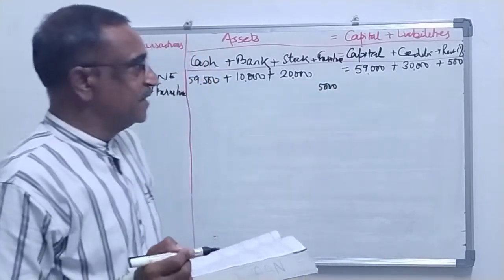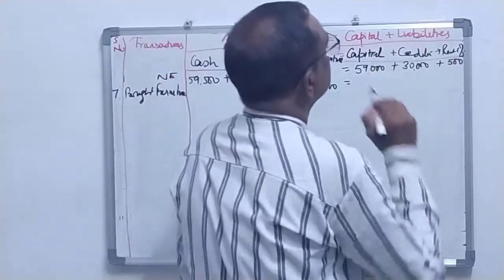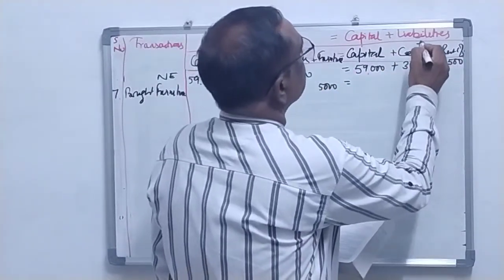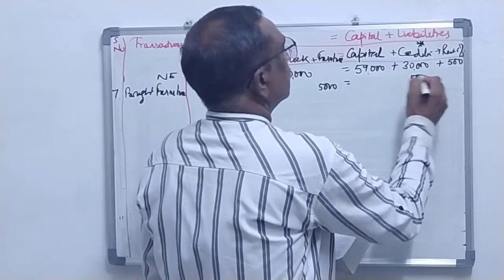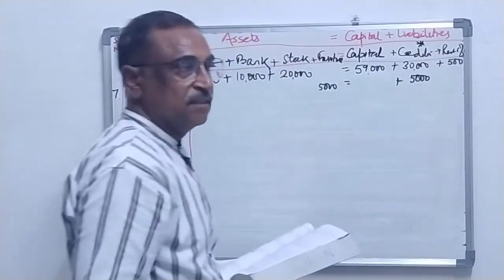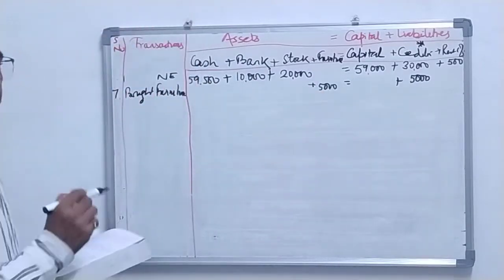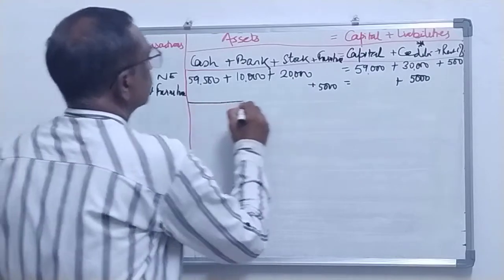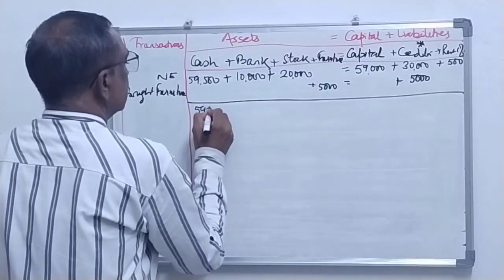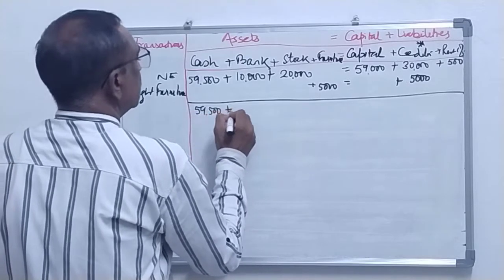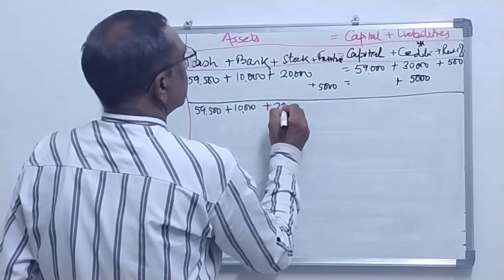Since it is being purchased on credit, your creditor will also increase by 5,000. Okay? Clear? Now we will write the new equation.